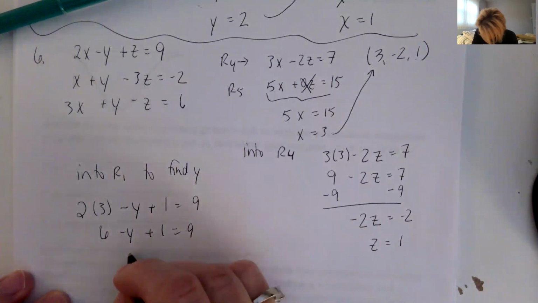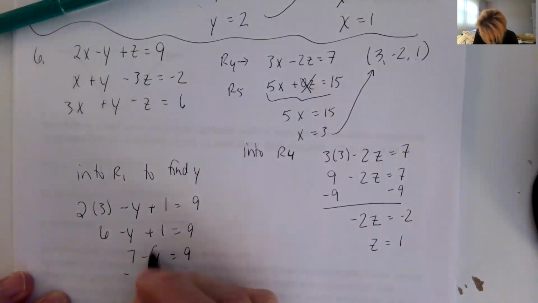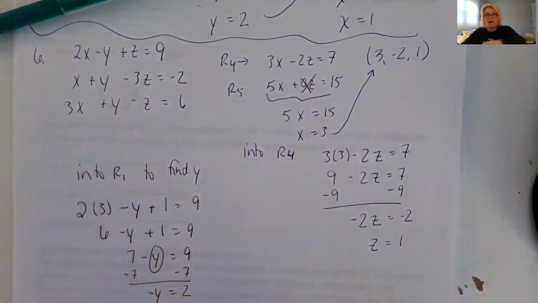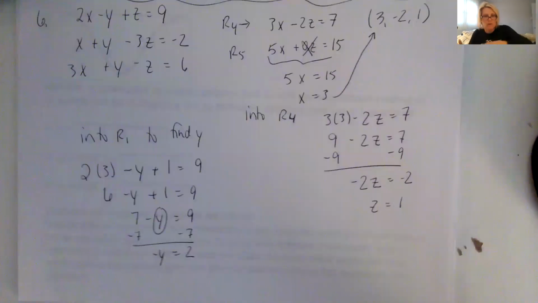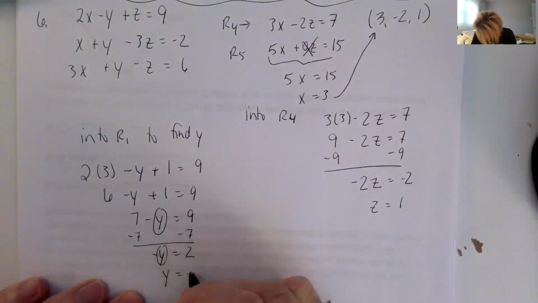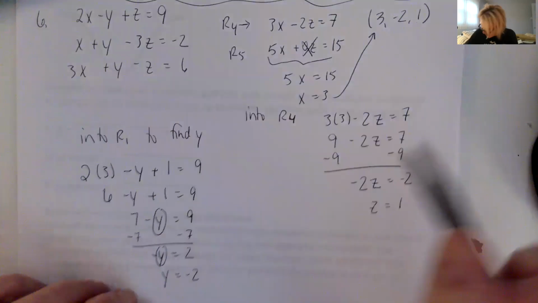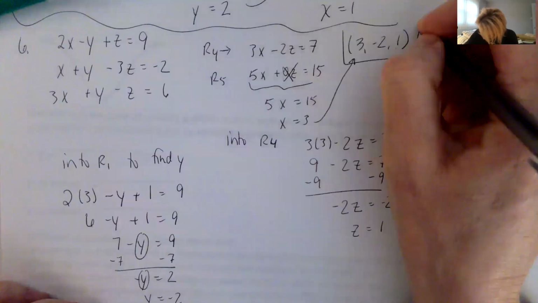And so we have 7 minus Y equals 9. And we're trying to solve for Y, so we're going to subtract 7. We get negative Y equals 2. And we don't want to know what a negative Y equals. We want to know what a positive Y equals. So we have to divide by a negative. So Y equals negative 2. So we did verify X equals 3, Y is negative 2, and Z is 1.